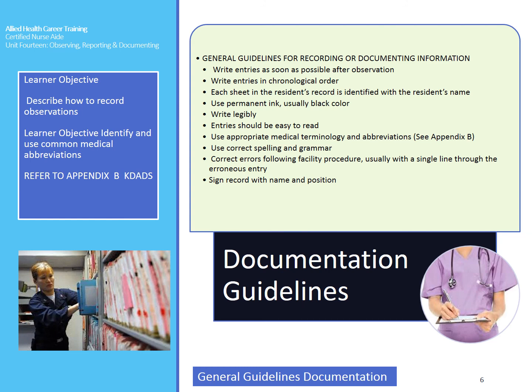Correct any errors following the facility procedure, usually with a single line through the erroneous entry. So what this means is, say you are charting on Mildred, and you're charting that at 9 o'clock, she was lying in the bed on her back, had her eyes closed, snoring, that she responded to my voice, said she wasn't ready to get up, said she would get up later.